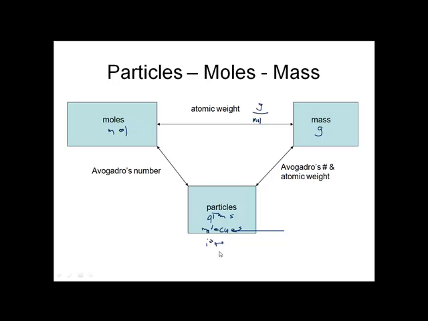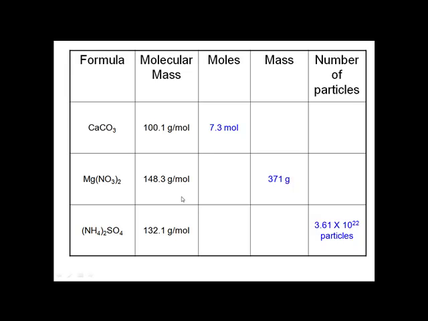Again, Avogadro's number measured in particles per mole. So to go back and forth between moles and particles, we can obviously use Avogadro's number as our conversion factor. All right, so let's do some simple conversions here.